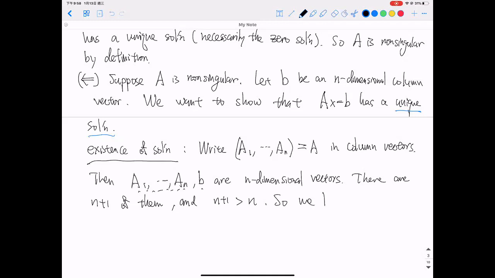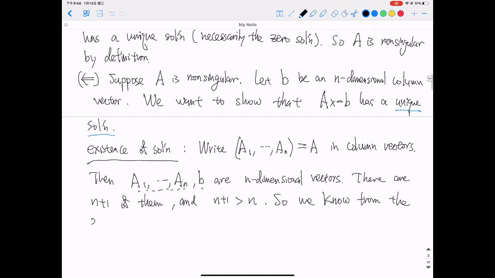So we know from the previous lecture that these vectors A1 through An, B are linearly dependent.